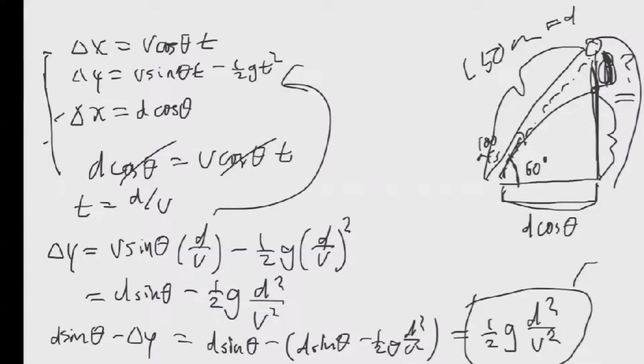And this will be, in fact, 11.25, I'm pretty sure. Yeah, 11.25 if you use g equals 10. It's just 11 if you use g equals 9.8.